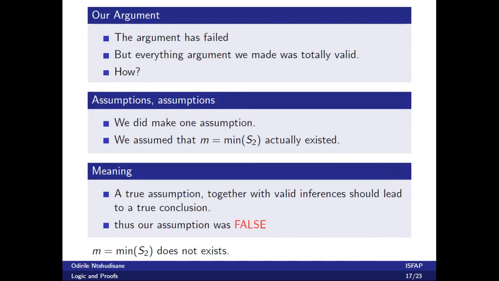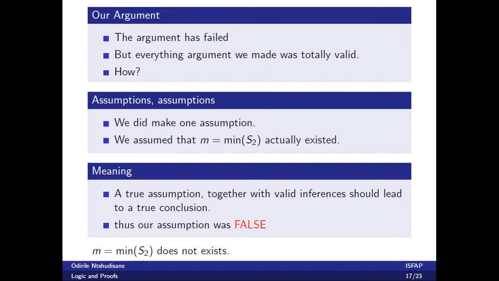So, our argument seems to have failed. But in every step, we used totally valid arguments. So how did we fail? Assumptions. We did make one assumption, that is, the existence of the minimum m of S2.